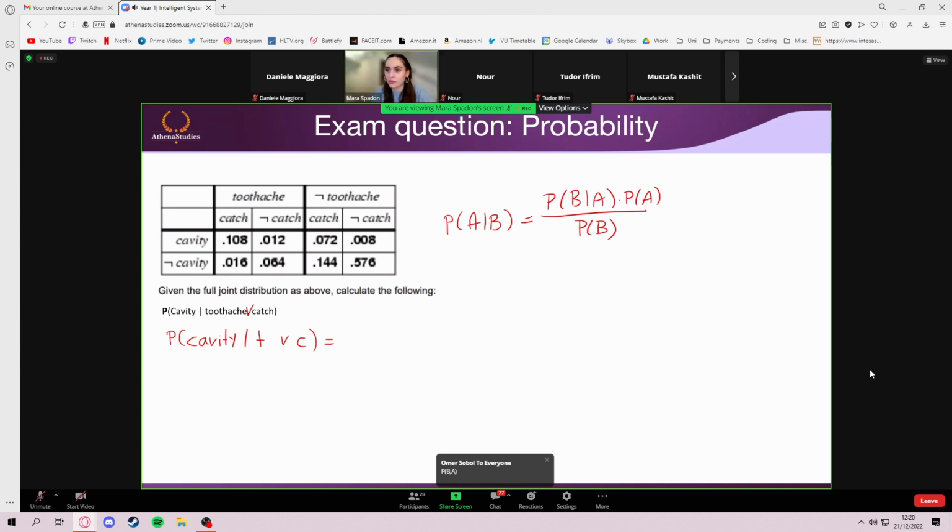This is Bayes' rule. I'm sorry, you're right. They look very similar. So it is indeed P(A and B) divided by P(B), right? Yes. So I think you did that correctly. Yeah, that's the formula I used, and I then did 0.108 plus 0.012 plus 0.072.